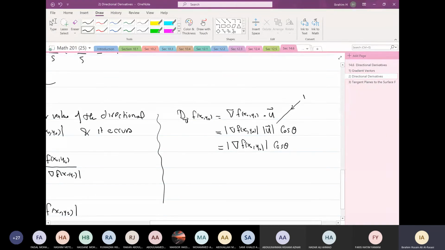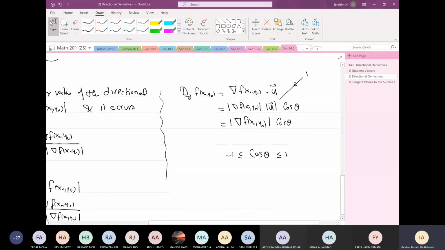Now we know that cosine theta is between -1 and 1. I will multiply through by the magnitude of the gradient. So this gives us the following: minus the magnitude of the gradient at x0, y0 is less than or equal to the magnitude times cosine theta, which is less than or equal to the magnitude of the gradient of f at x0, y0.